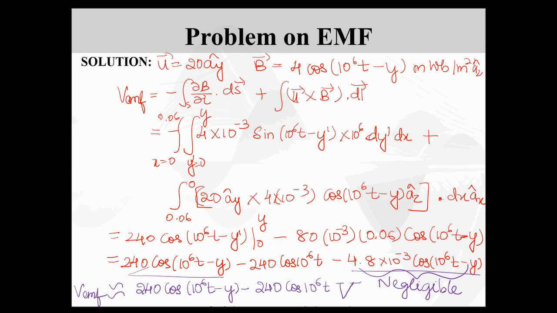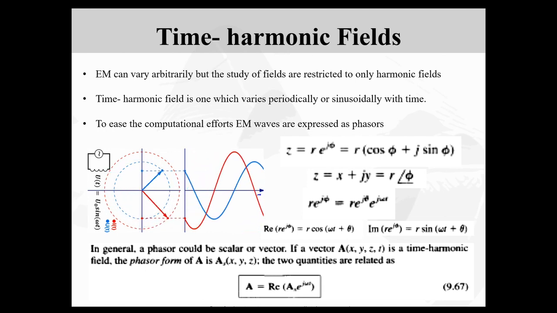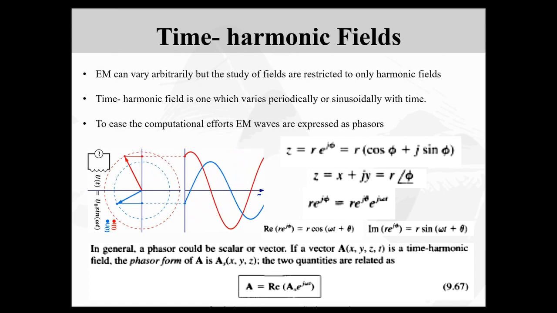Now let us continue and see the second topic of this video, where we are going to discuss particularly the time harmonic fields. So what do you mean by harmonic fields? Harmonic fields are ones which vary periodically or sinusoidally with respect to time.